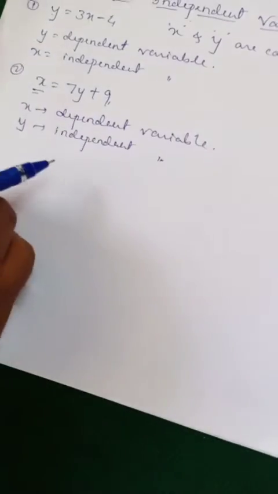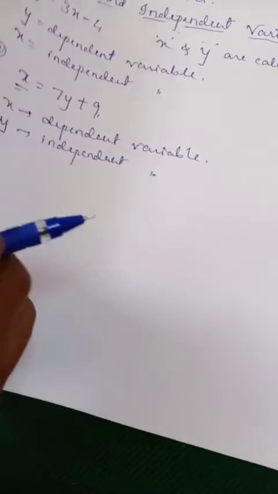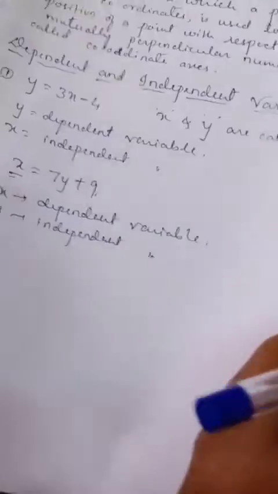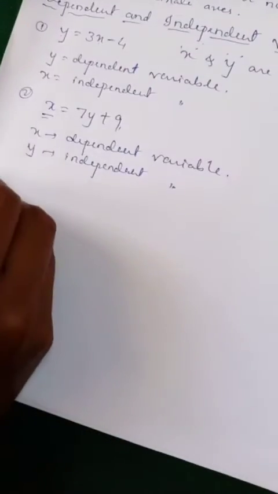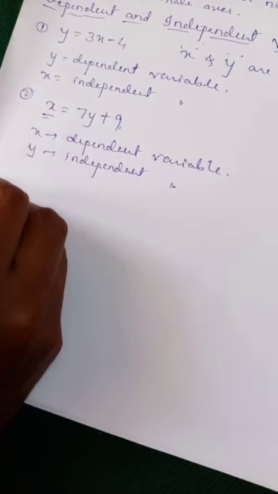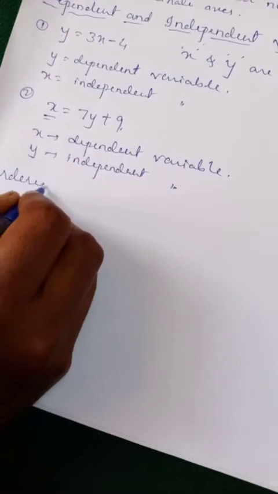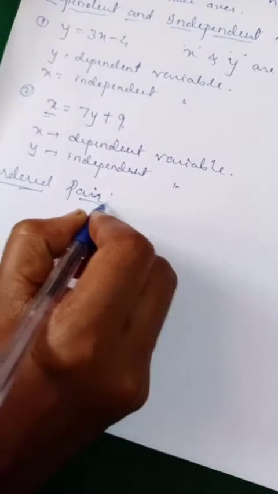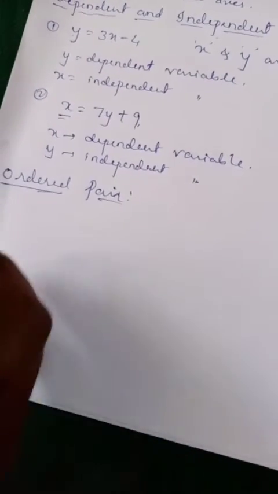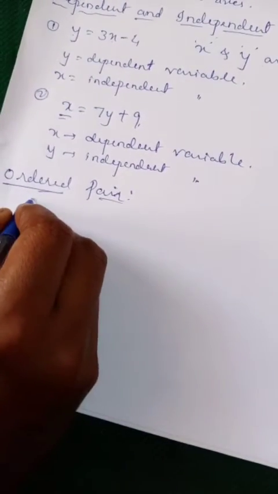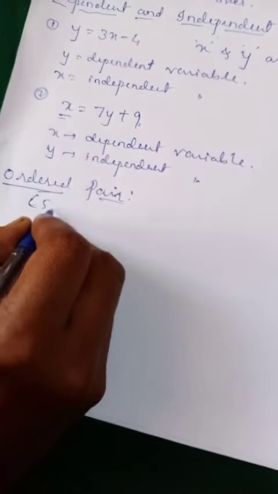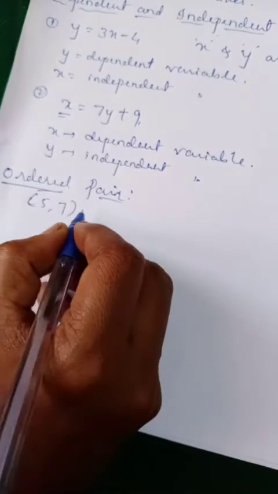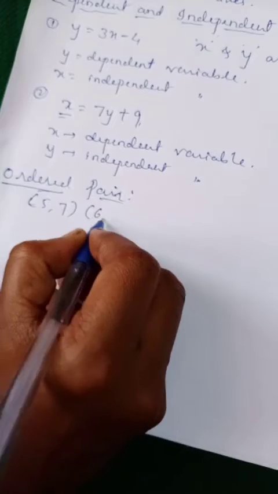As you all know how to draw the graphical figure, we'll see the ordered pair here. Ordered pair. Suppose this is (5, 7), then (6, 8).